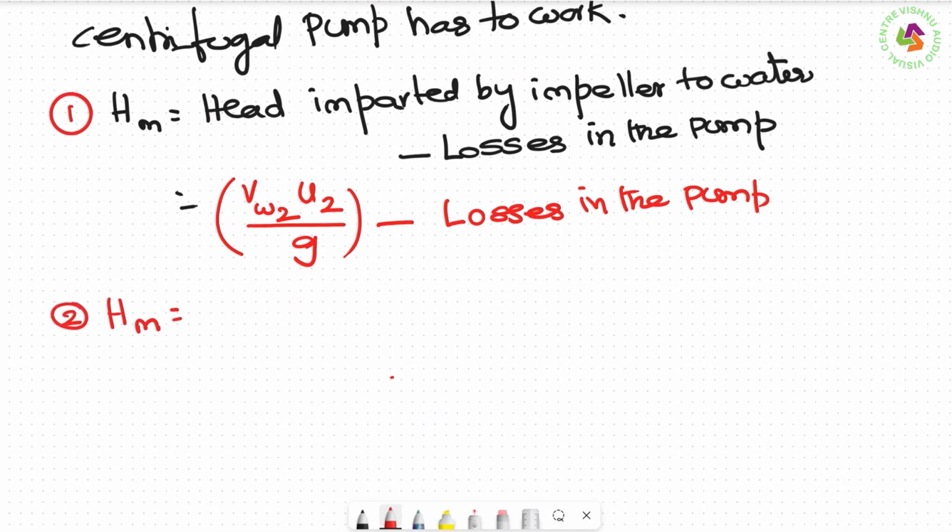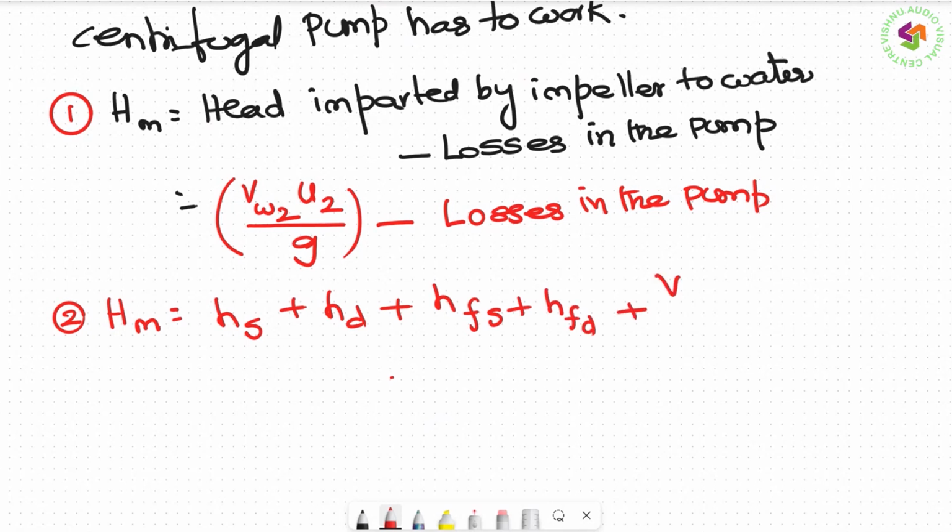The second definition is how we generally procure the pump. We know what Hs is for us. We know what Hd is. Similarly, what is the friction loss in the suction pipe, what is the friction loss in the delivery pipe, and finally with what velocity the water will come out. All this summation finally leads to the manometric head.